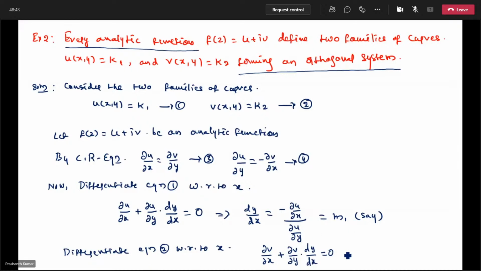So this implies dy by dx is equal to minus dou v by dou x by dou v by dou y. This is equal to m2.